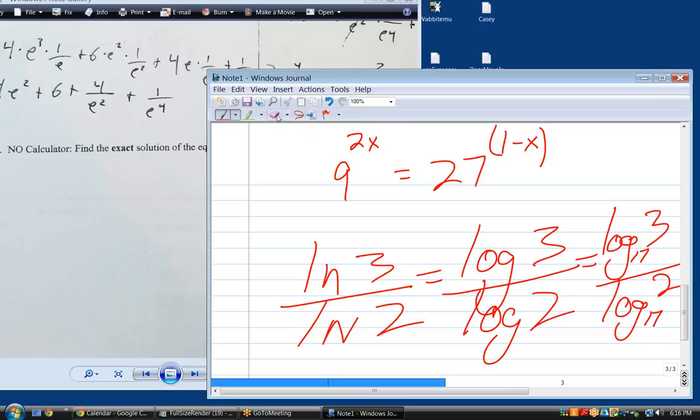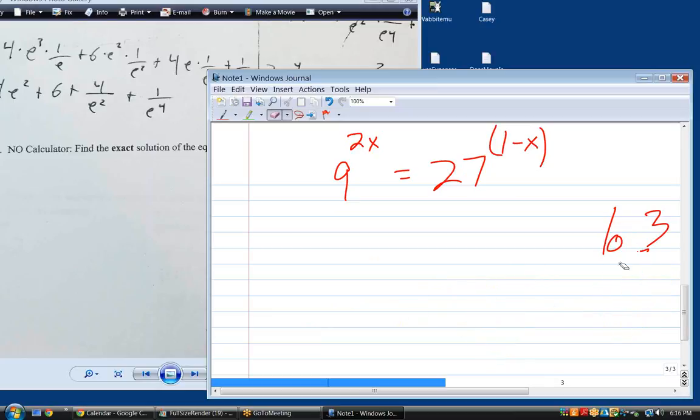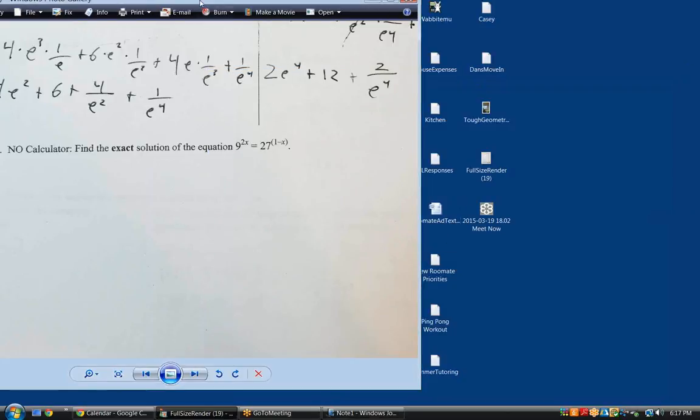Which means that when I go to solve this problem, whether I use common log or natural log doesn't matter, because my answer is going to be a ratio of log functions. You don't want to use log base 17 because your calculator doesn't have a log base 17 key on it. It only has common log and natural log. So those two are usually the ones you want to use when you're solving an exponential equation.